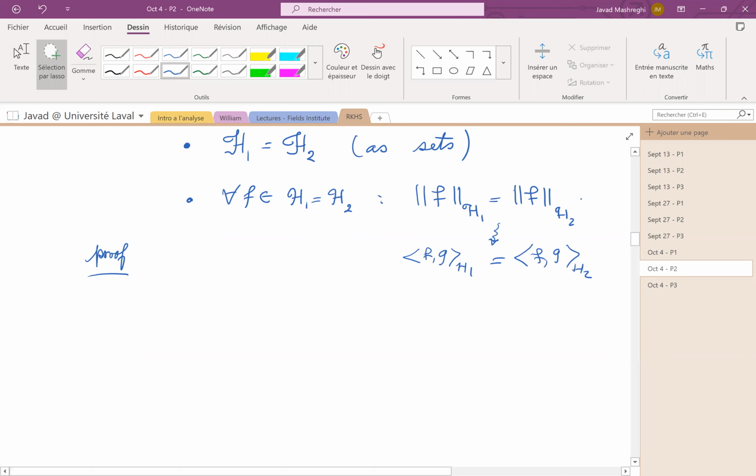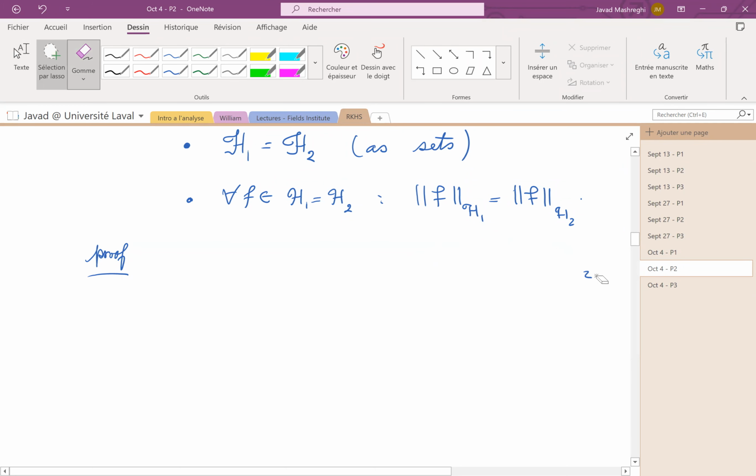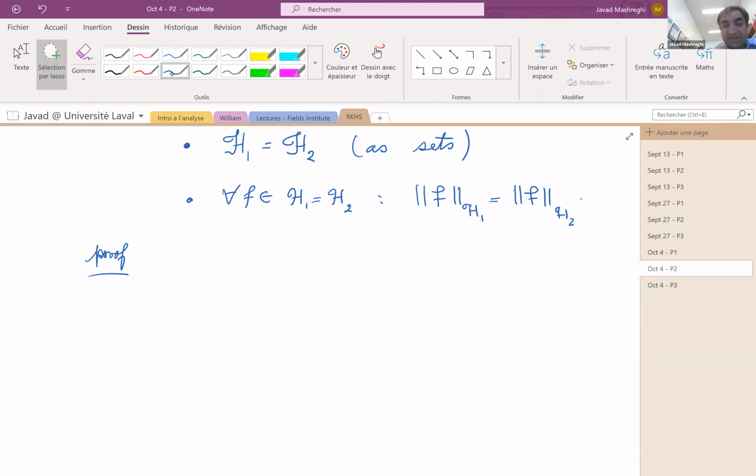So H1 equals H2 as Hilbert spaces themselves. Yes, precisely. You can summarize the theorem as this: if the kernels coincide, then they coincide as Hilbert spaces. Yes, absolutely. Well, since K1 is equal to K2, I call both K.